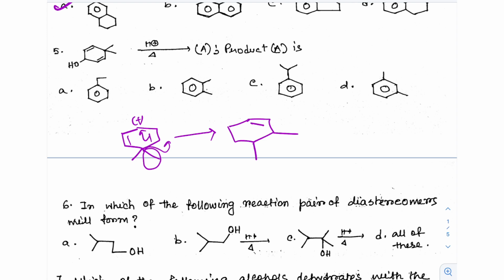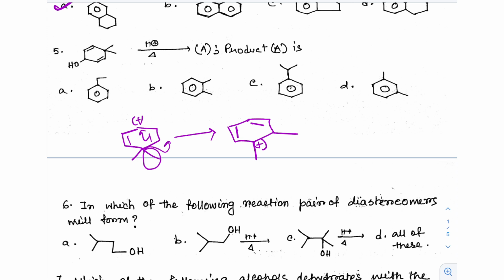Pi bond has been shifted over here. This pi bond is remaining intact, and in this carbon atom, due to the breaking of the sigma bond, lack of electrons happens as a whole.